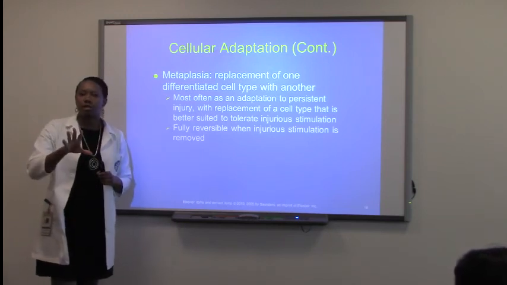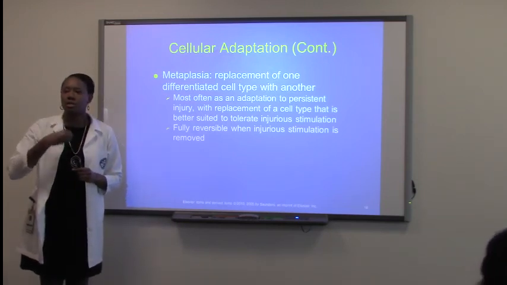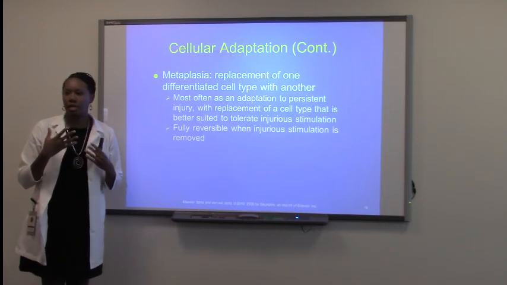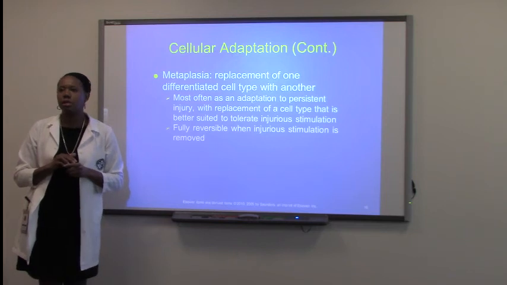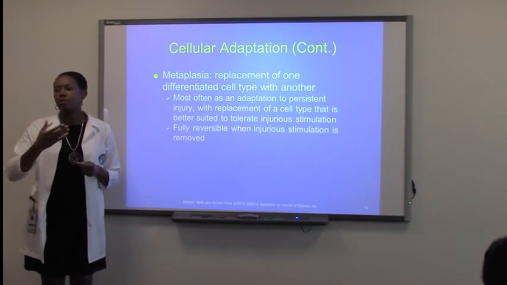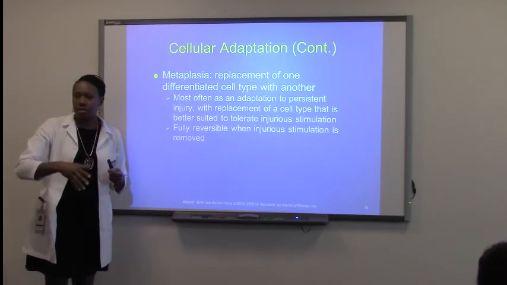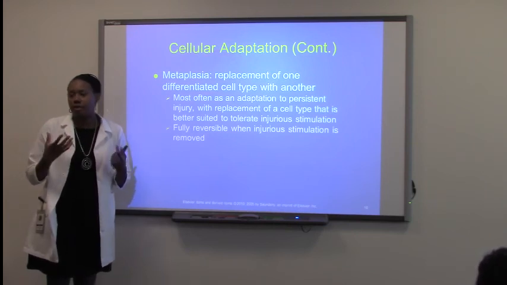What you'll notice is when people smoke, because they don't have cilia, they sometimes always have this chronic cough, especially seasoned smokers, so to speak. They have a chronic cough because the cilia is there to sweep out any type of debris, but they don't have it.